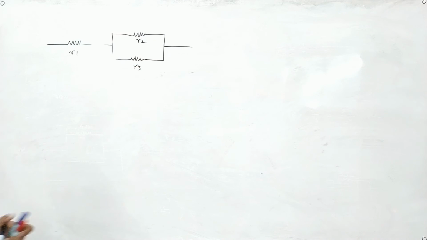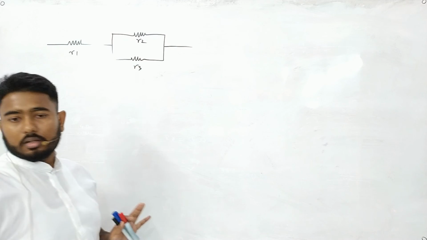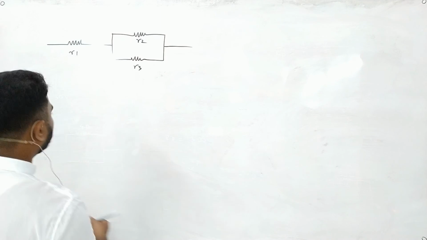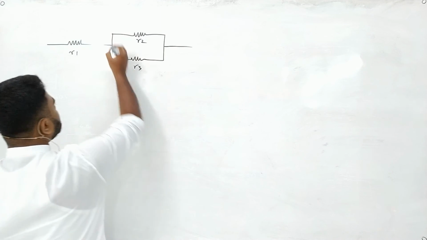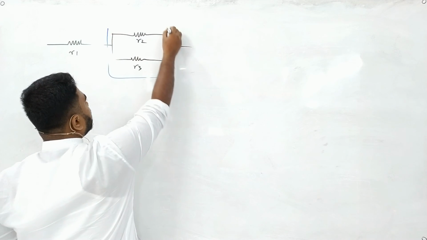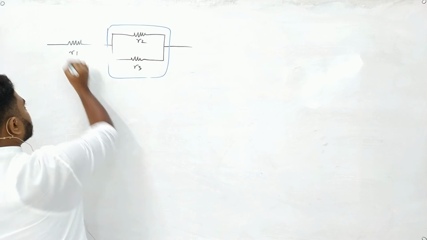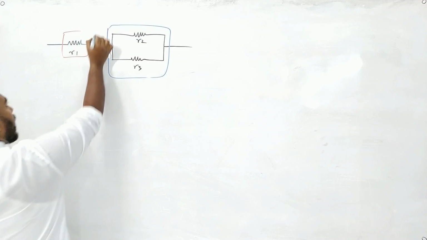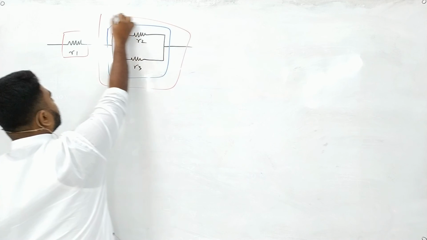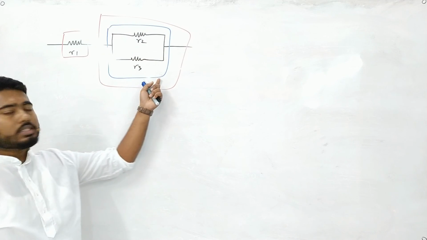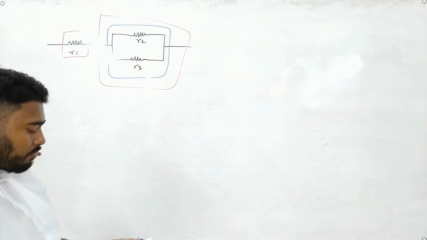Can you tell me which are in parallel? Okay, so these are in parallel, right? Which are in series? No, this one and this one taken together is in series, right? So first we will do the inside one. So inside one is R parallel.